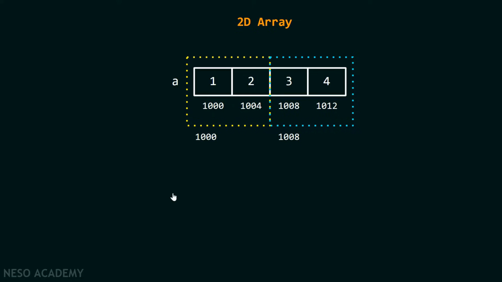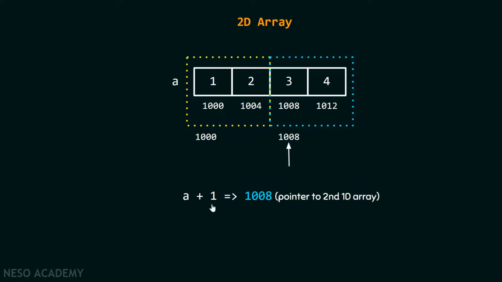Okay? So when I simply write A, it means that I am pointing to this location. That is, A is the pointer to the first one-dimensional array. It means it contains the address 1000, right? And what happens if we add 1 to it? It gives us the address of the second one-dimensional array. We are right now in the outside box, which is the representative of the whole one-dimensional array.